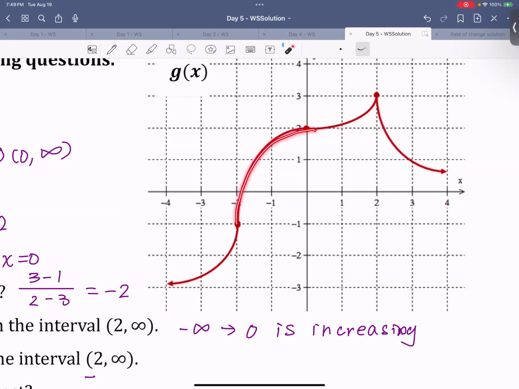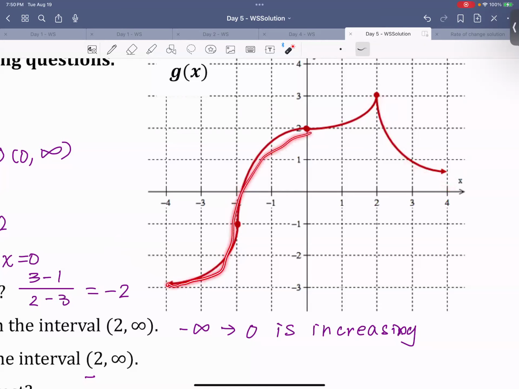Concave down, increasing. Concave up, increasing. Concave down. Sorry, this is concave up, decreasing, okay? Increasing is going up, decreasing is going down.